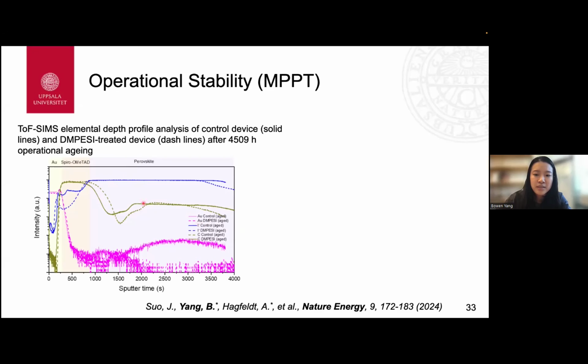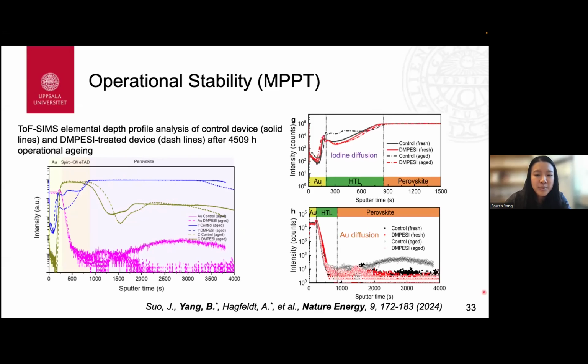So this one is the full spectrum of ToF-SIMS, and the solid lines indicate the fresh devices, the dashed ones are the aged ones. More specifically, we can look particularly into iodide ions and gold ions diffusion. We can see that both the as-prepared control and treated devices, the solid lines, have similar signals for gold and for iodide.